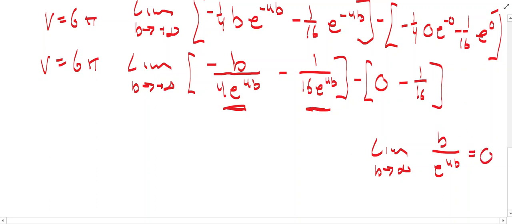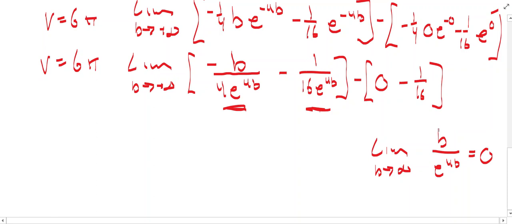And here's why. b is getting infinitely large, but an exponential, e to the 4b, and the 4 really doesn't matter, e to the b is an exponential. It will get large faster than the numerator will. So the denominator is getting infinitely large, but at a faster rate than the numerator is.